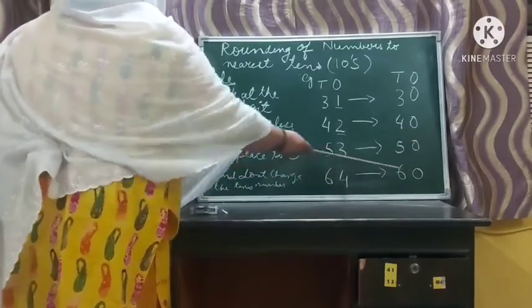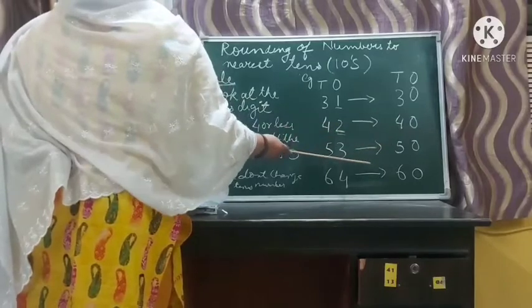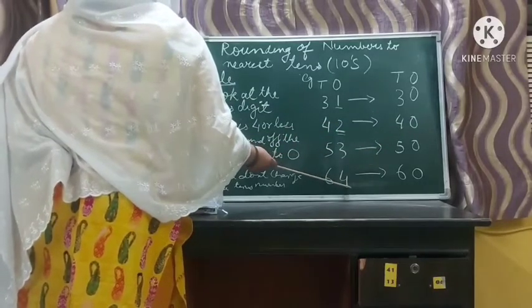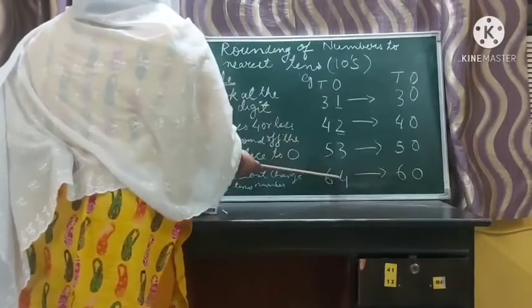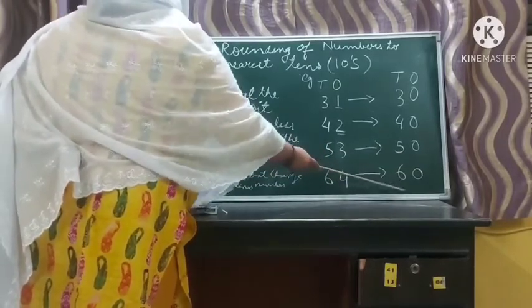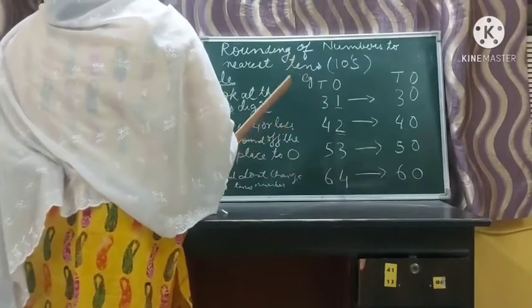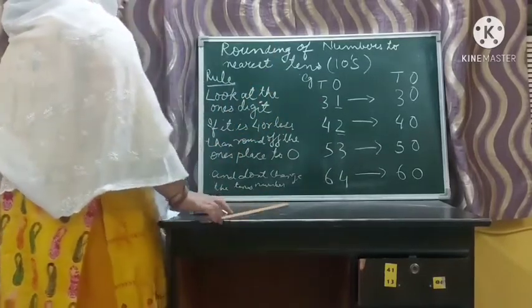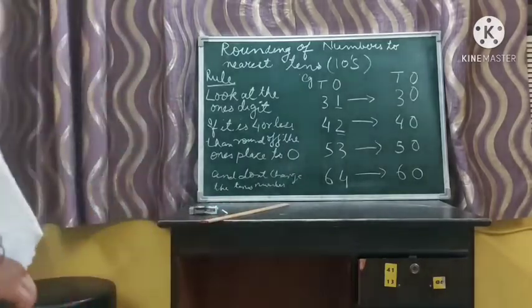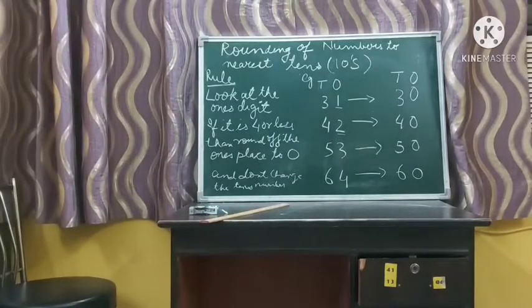So 4 will be changed into 0. When it is 4 or less than 4, convert it into 0. So instead of 4 you will write 0 and the tens place will be copied as such and 64 will be rounded off as 60. So this is how you round off the number to the nearest tens. Now we shall take some other examples also. Okay?